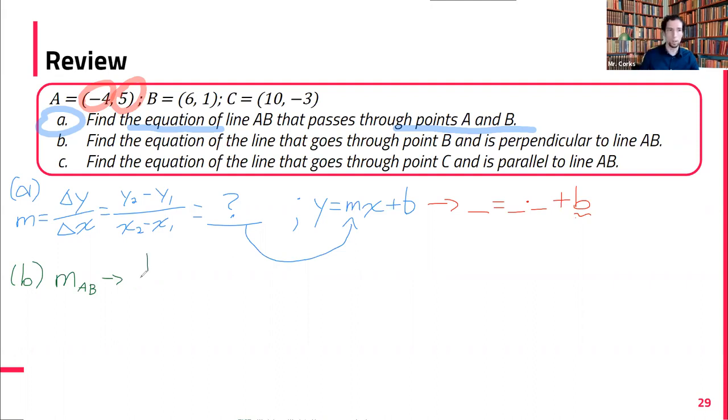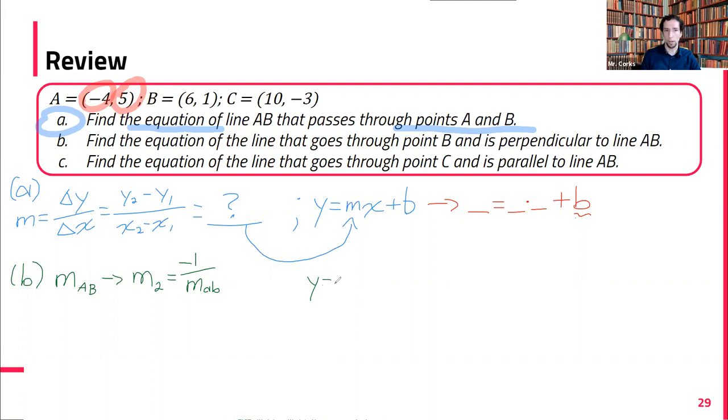Our perpendicular slope, let's say M2 here, is the negative reciprocal of the slope of AB. We flip over the fraction, change the sign, and that gives us the perpendicular slope.